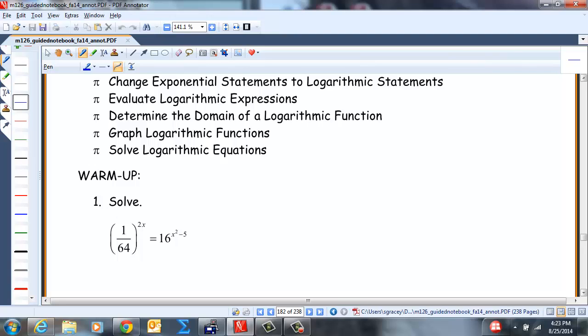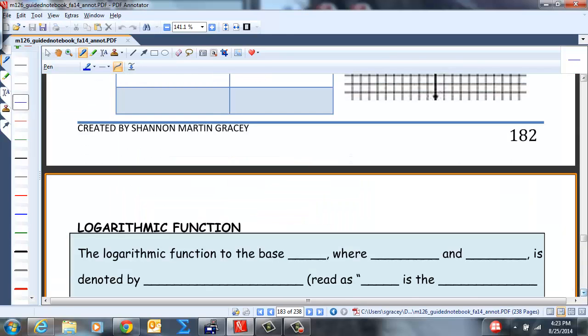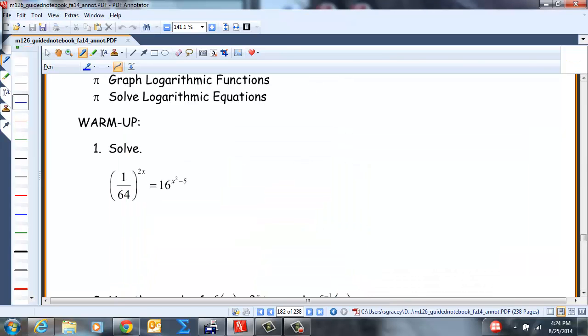Let's go for it. I noticed that both of these you could look at as 2 raised to powers or 4 raised to powers, so those being the bases. So 1/64 is the same as 4 to the negative 3, and that's being raised to the 2x.